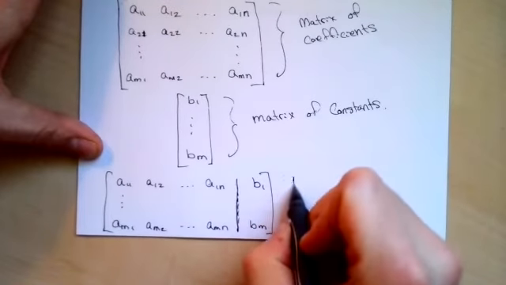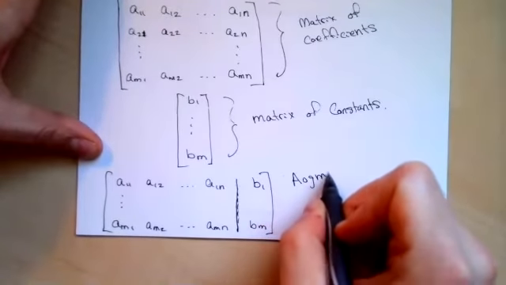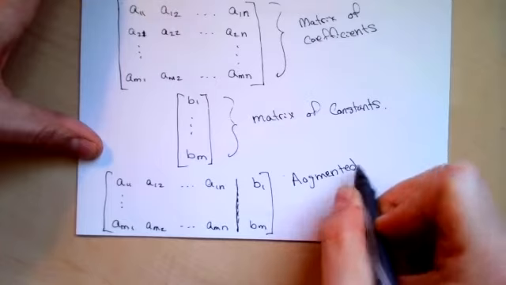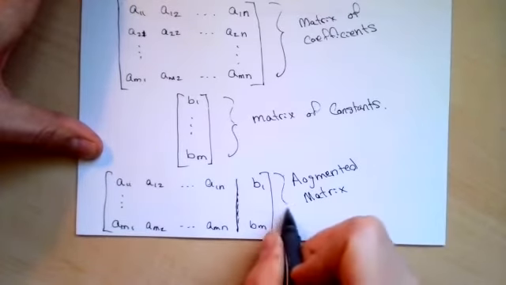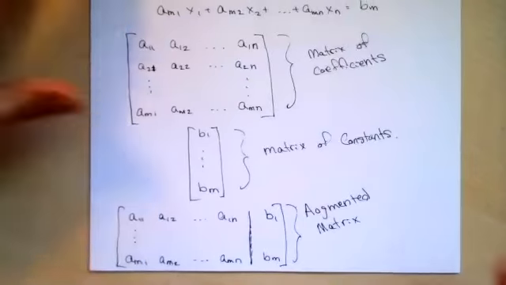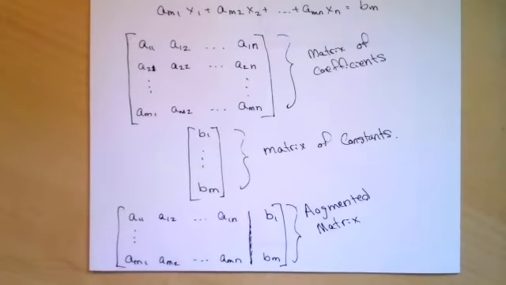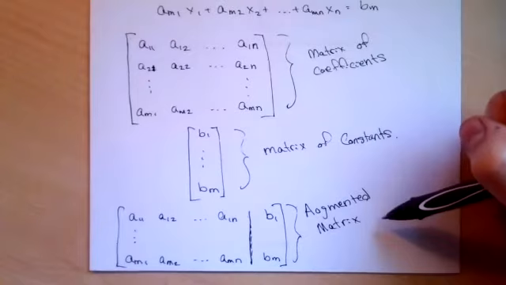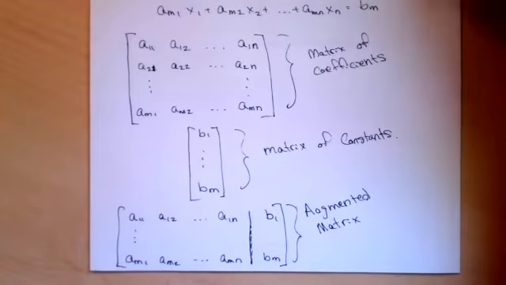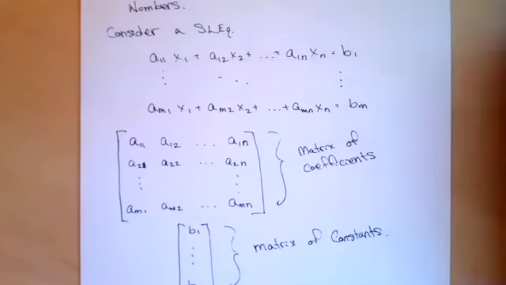This is what's called our augmented matrix. So it might be just called the augmented matrix, or we could call it the augmented matrix corresponding to the system of linear equations.